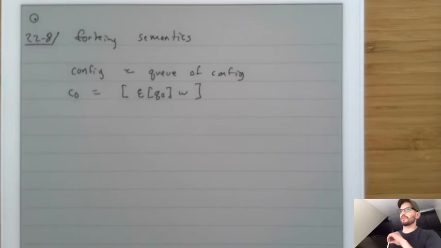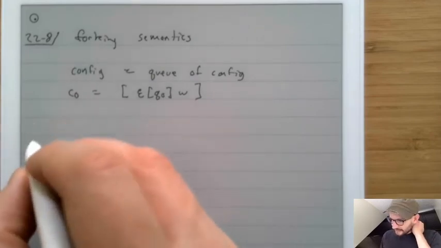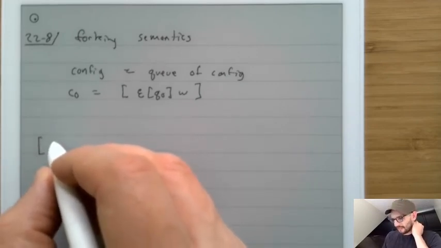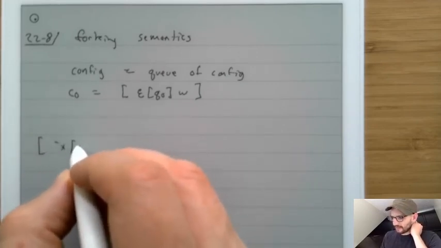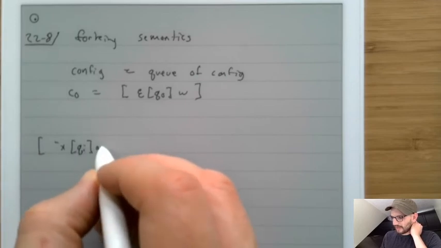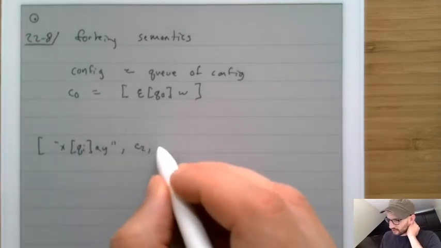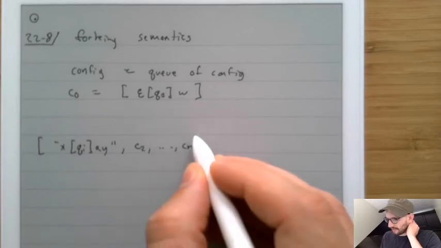And here's the way the rules are going to work. Imagine that the top of the queue says x, qi, ay, and after that you have more configurations, configuration 2 up to configuration n.